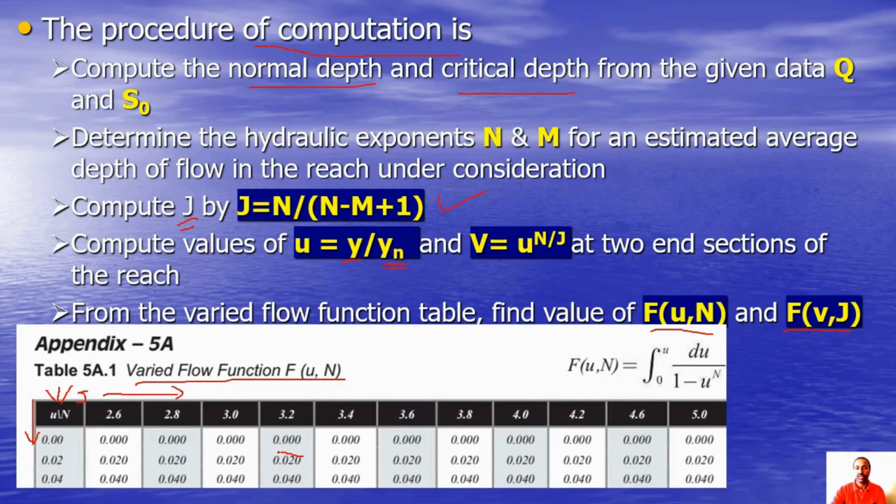Then finally you will pick values from here. So for example, if you calculate u as 3.2 and n as 0.4, then you read this value. So you can read any number depending upon f of un and f of vj.